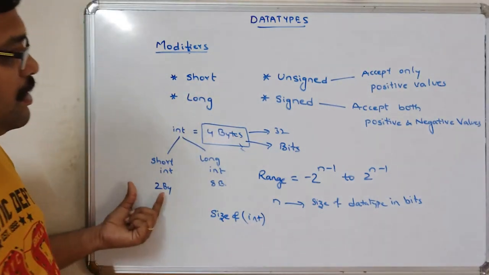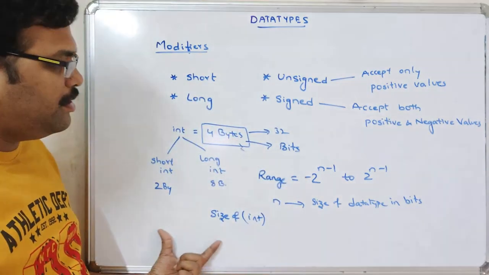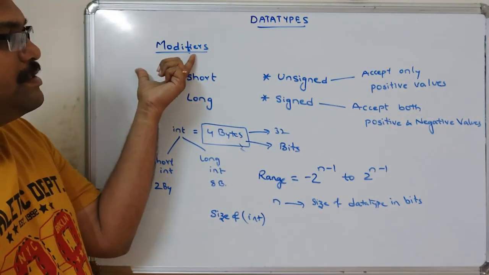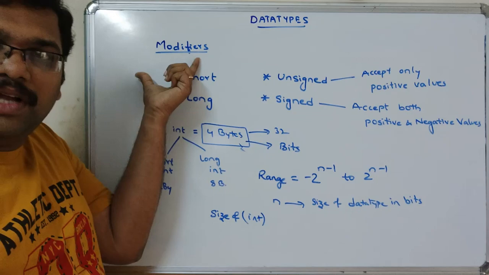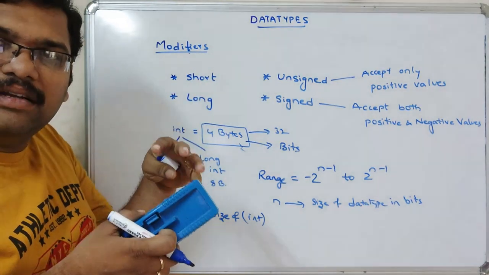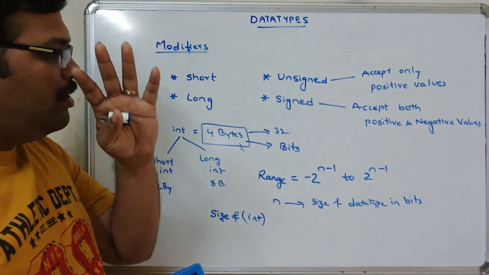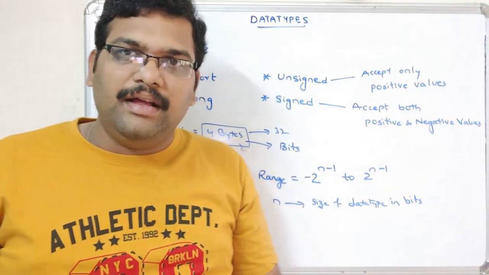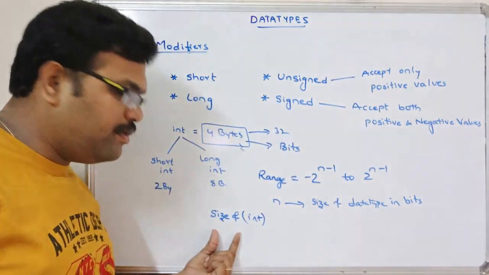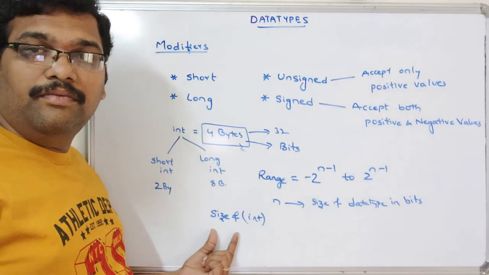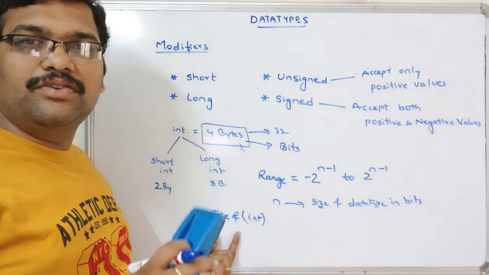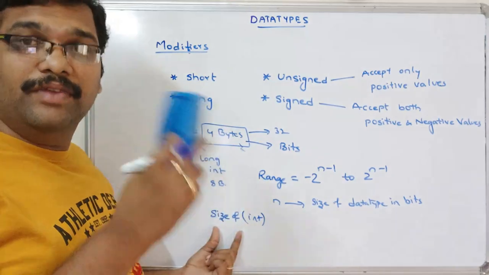Right? So these are called the modifiers, and data types are integer, float, character, double and boolean. So by using the sizeof operator, we'll know the size of each and every data type along with the modifiers.